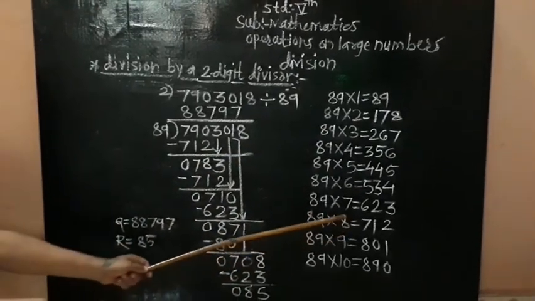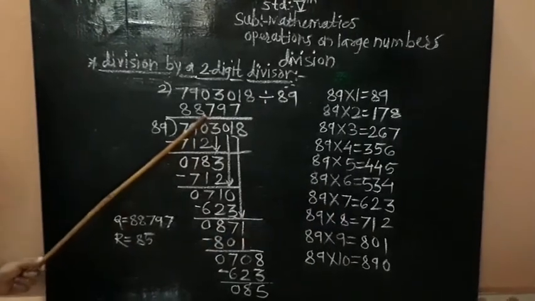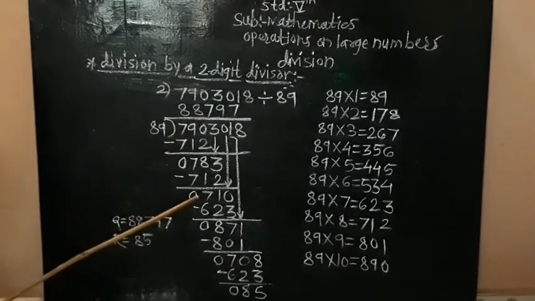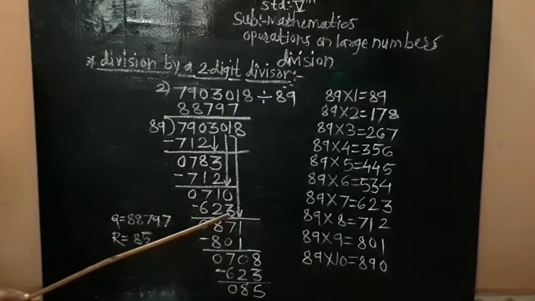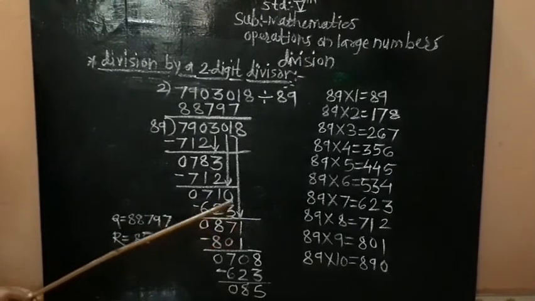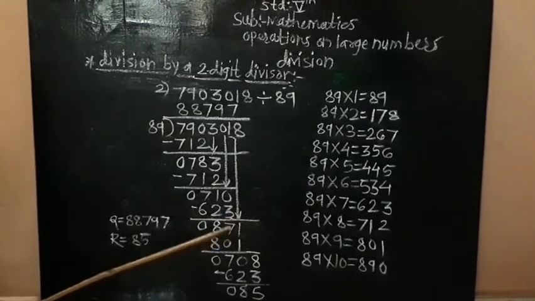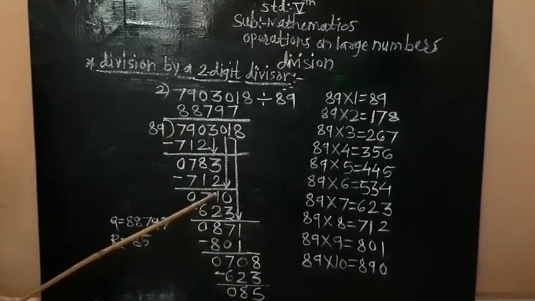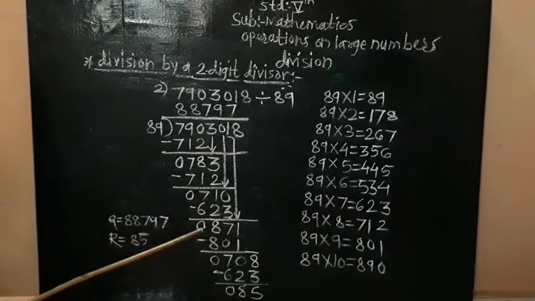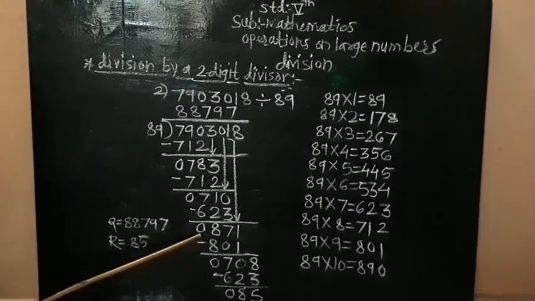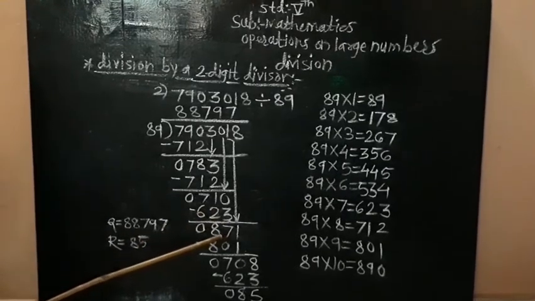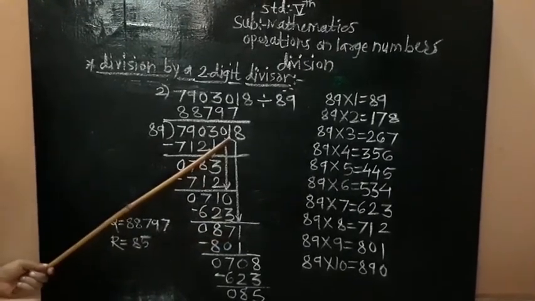This is the 7th place, so I write quotient 7 here, and 710 minus 623. Again you subtract: 10 minus 3 is equal to 7, here 10 remains, 10 minus 2 is equal to 8, and here 0. I think everybody knows subtraction very well. Now the next step, you bring down the next number, which is 1.